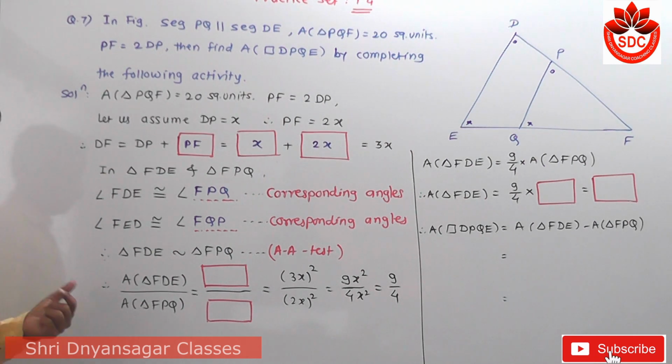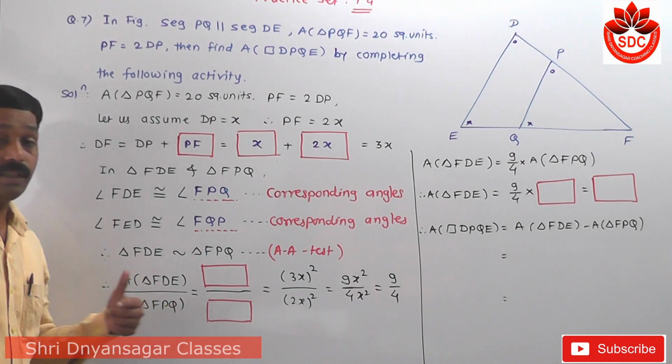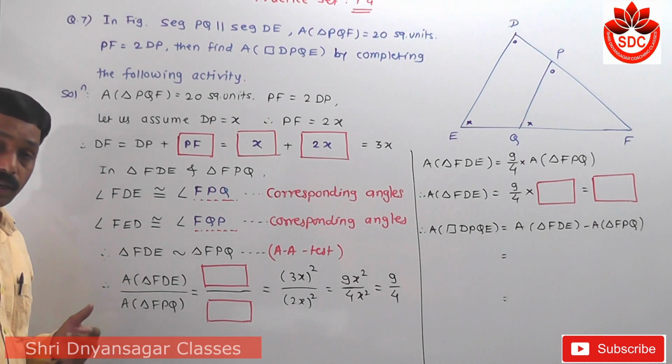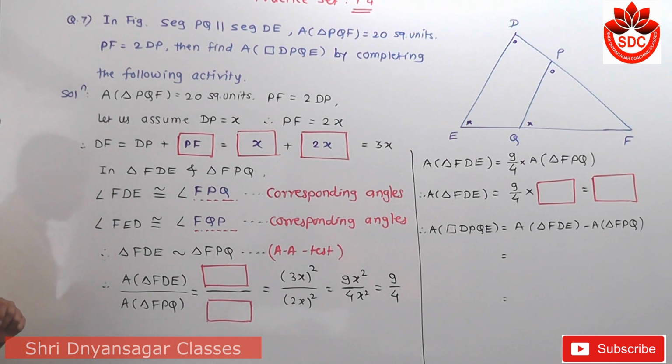Then student, all of you know the theorem: if two triangles are similar, then the ratio of the areas of two similar triangles is equal to the ratio of the squares of their corresponding sides.